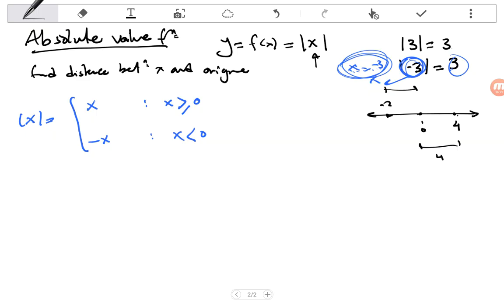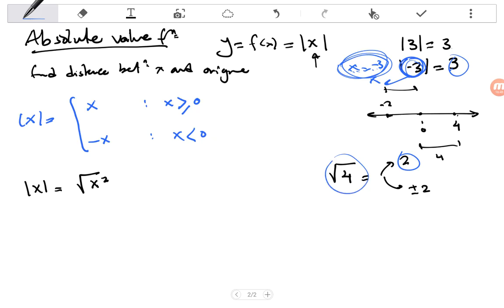Another form of absolute value function, we know that absolute x is √x². Now if I give you √4, what is the value of √4? Is it 2, or is it positive or -2? Yes, it is only 2.